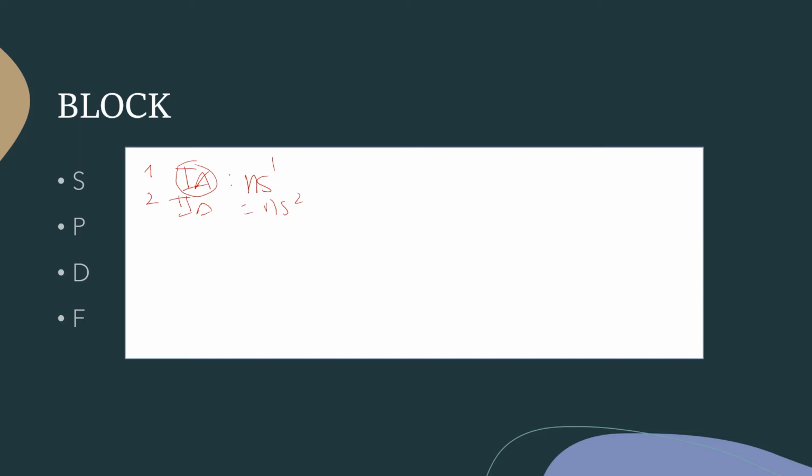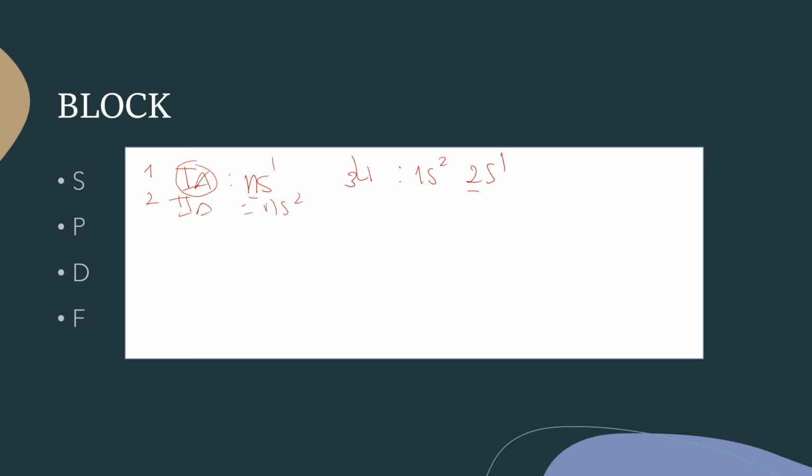For example, lithium, number 3, has the configuration 1s2, 2s1. So the n for lithium is 2, and the subshell is s1.